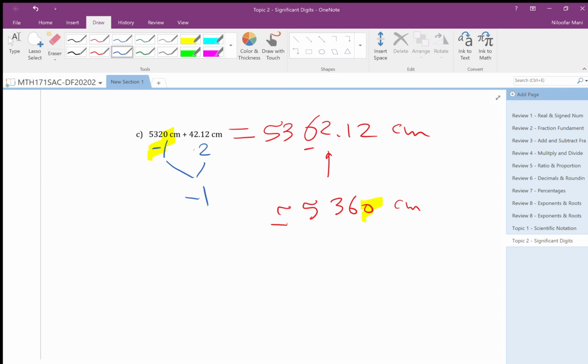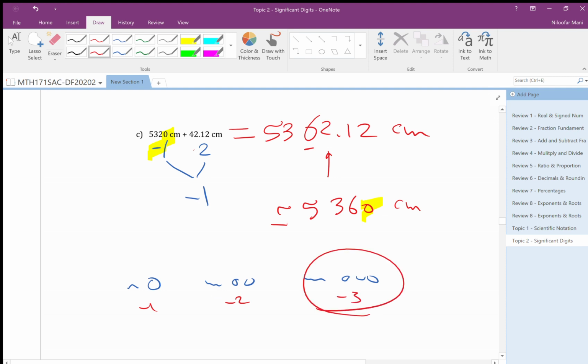If you have several zeros, for example, one of them with 1 zero, one with 2 zeros and one with 3 zeros, you do minus 1, minus 2, minus 3, and then you choose the least one, and then you round to the 10, 100, or 1,000.